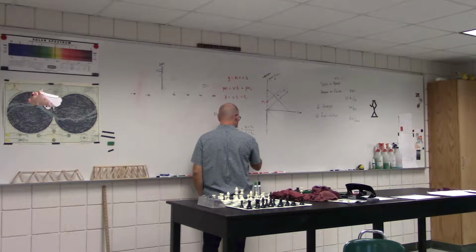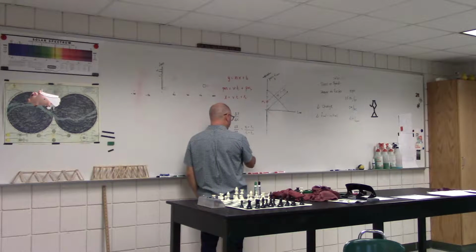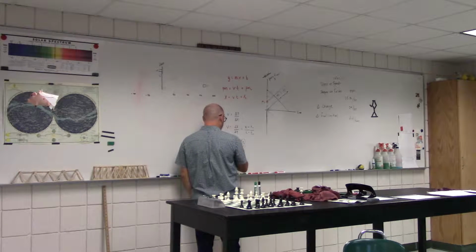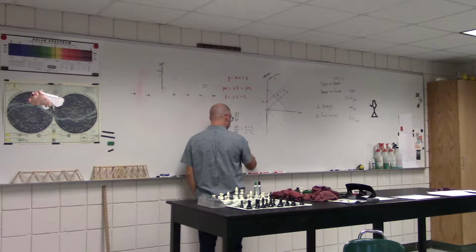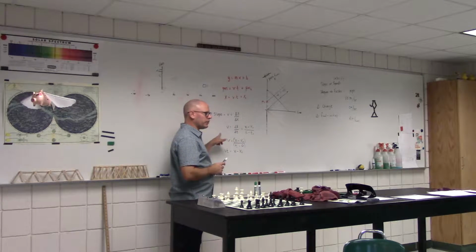What's cool about this is that if I multiply both sides by t here, I end up with vt is equal to x minus x0. So this is t minus 0, which is just t, and I multiply both sides.